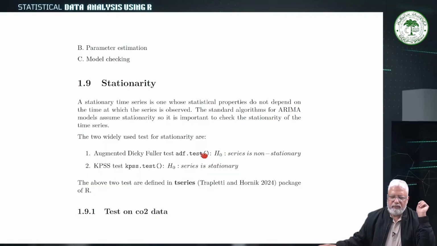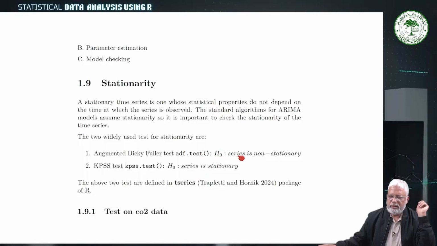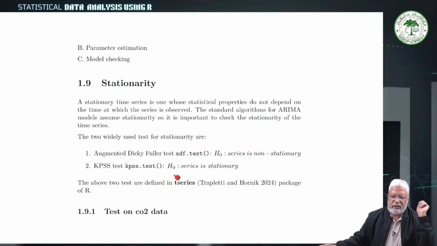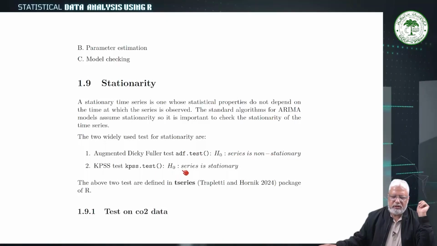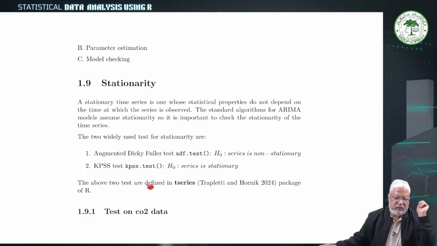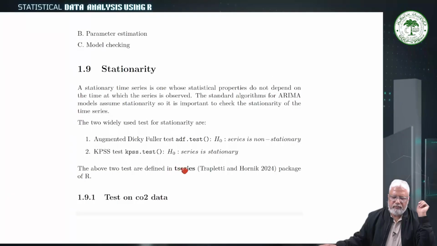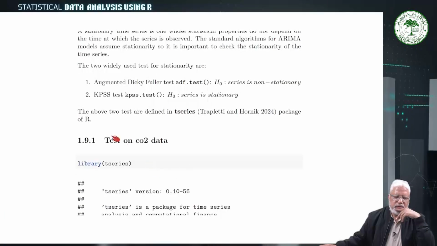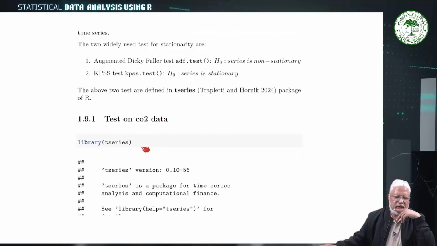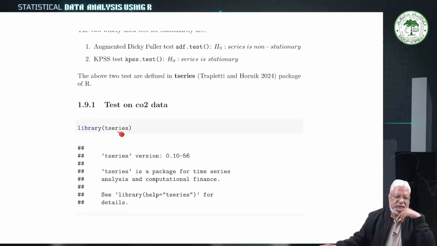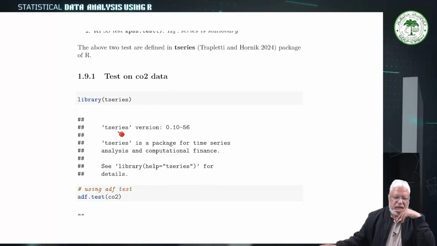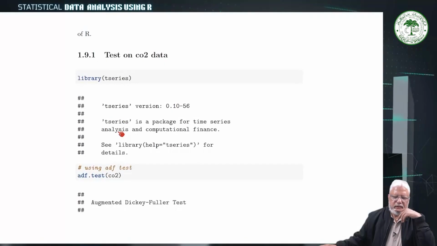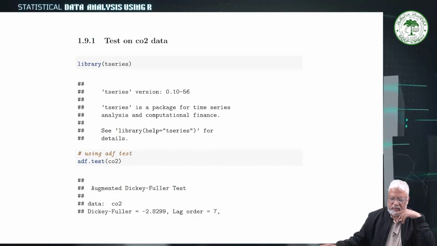H naught for the ADF test is that the series is non-stationary, whereas for the KPSS test H naught is that the series is stationary, and these two are from the package tseries. So test on CO2 data, library tseries, and then CO2 data.